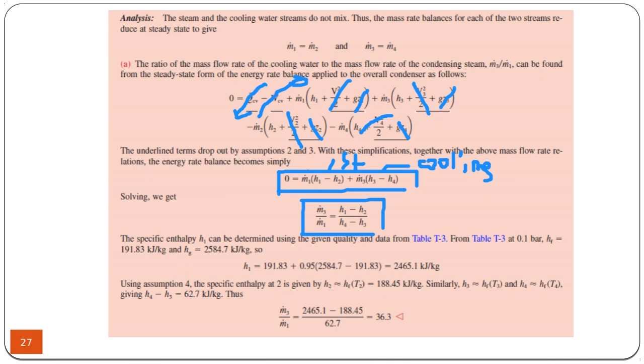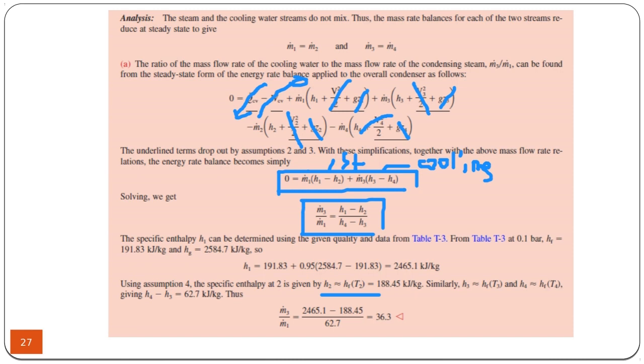from the water table as approximately equal to the enthalpies of saturated liquid. So remember that the enthalpy of the compressed liquid is approximately equal to the saturated liquid enthalpy given at this temperature.